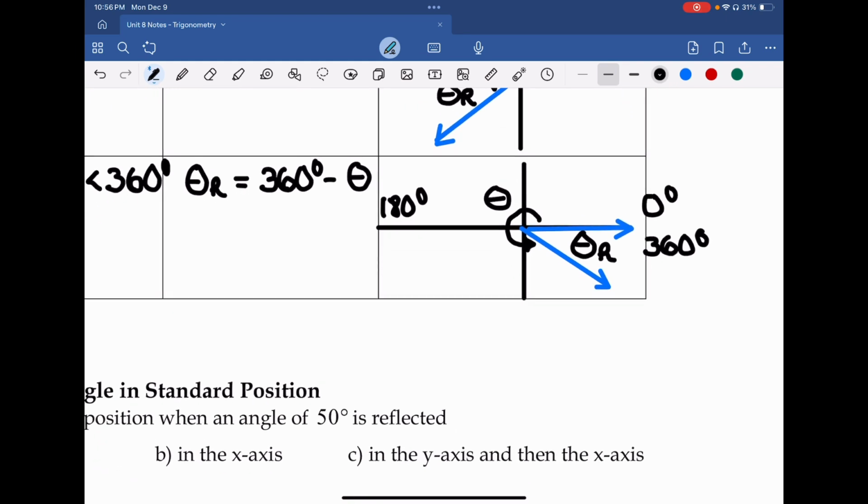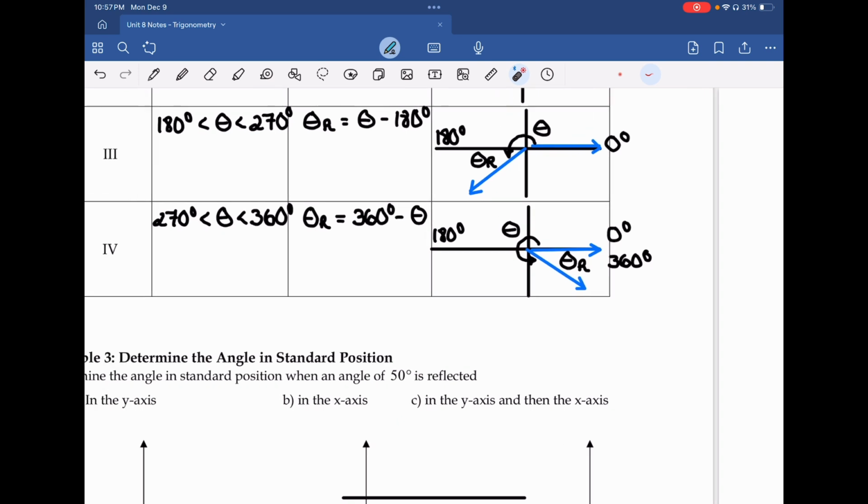So the way we're going to solve this is take 360 and then minus what we would have rotated, because a full circle minus the bigger sliver in quadrant 4 is going to leave us with just this small piece that sits between 360 and wherever the angle rotated to.